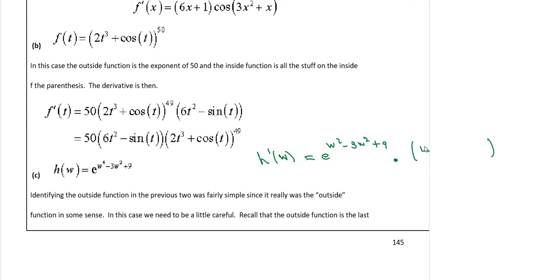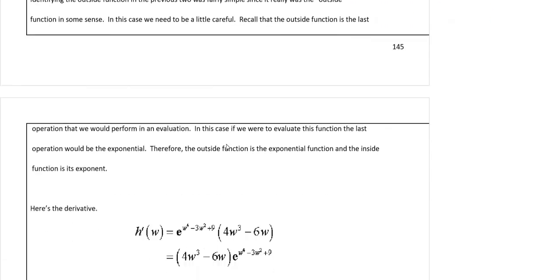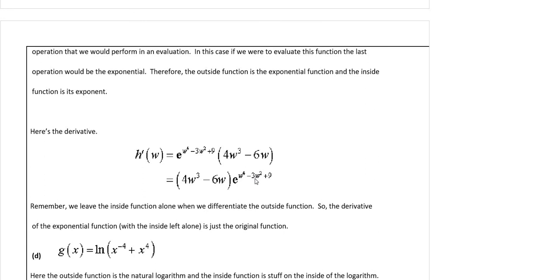So it's 4w cubed minus 6w. And then, of course, the 9 is going to fall away because that is a constant. So that will be the derivative of a number. We can scroll down here and just check, and you will see that it is the same that we got there.